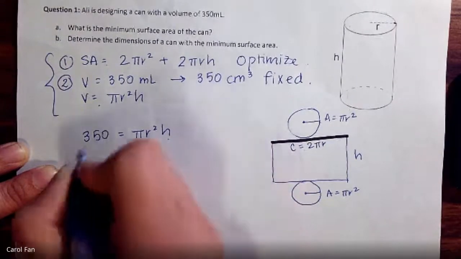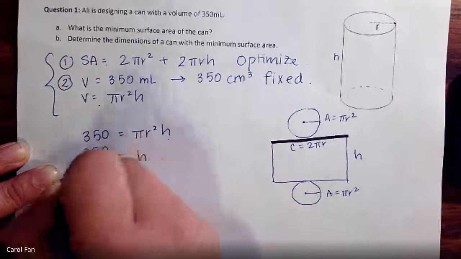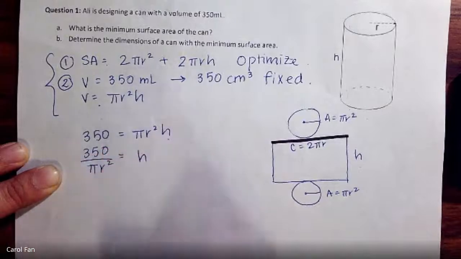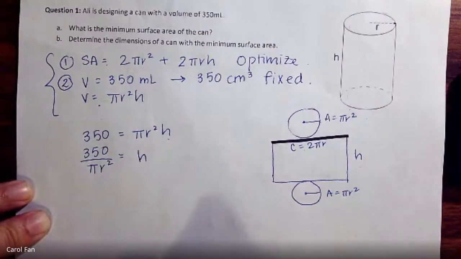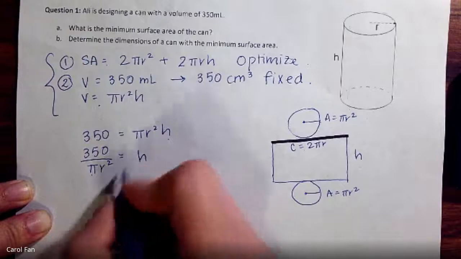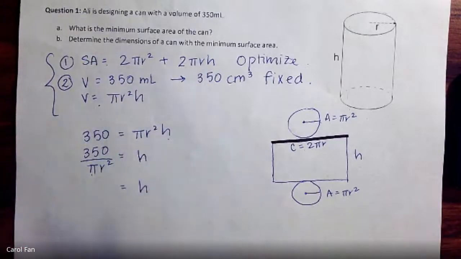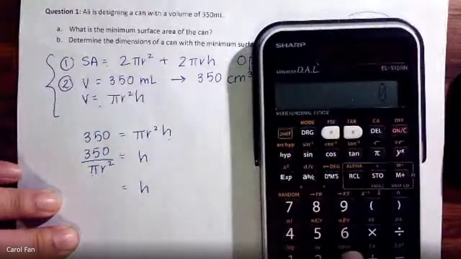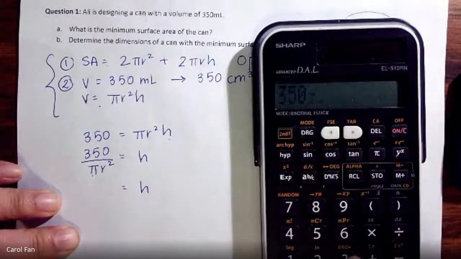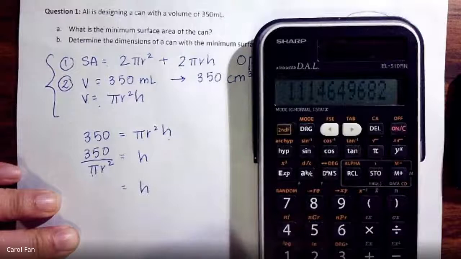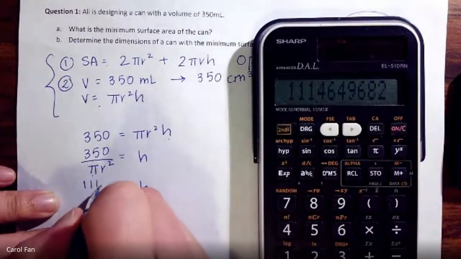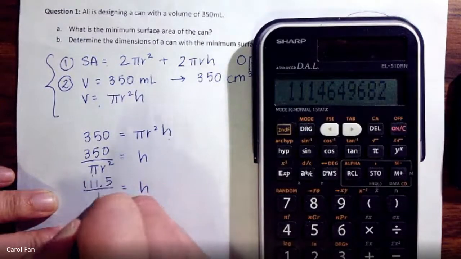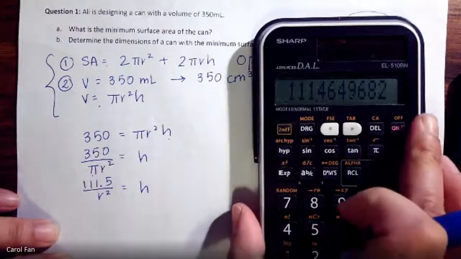So I have h is equal to 350 divided by pi r squared. I know what pi is, so I can simplify that one. 350 divided by 3.14 is 111.5 divided by r squared.